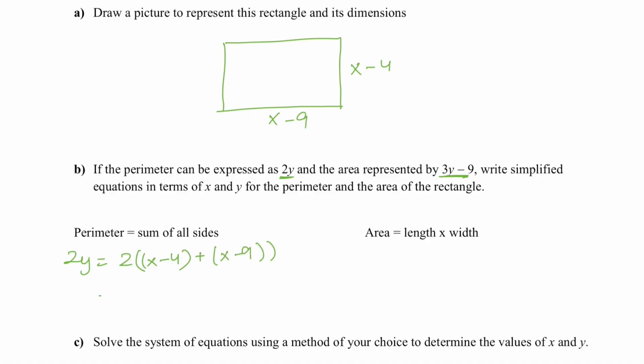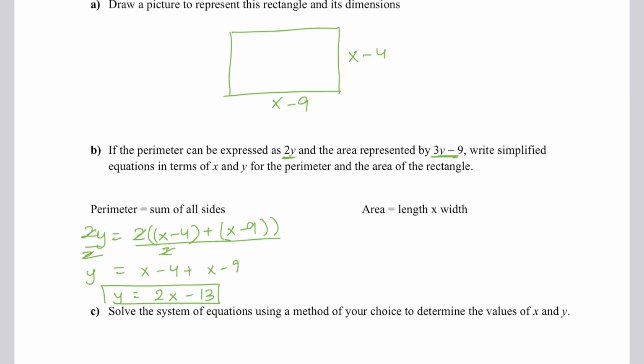If I divide both sides by 2, I get y is equal to x minus 4 plus x minus 9, which is 2x minus 13. Area is length times width, so x minus 4 times x minus 9.